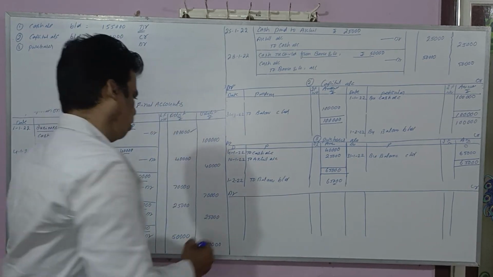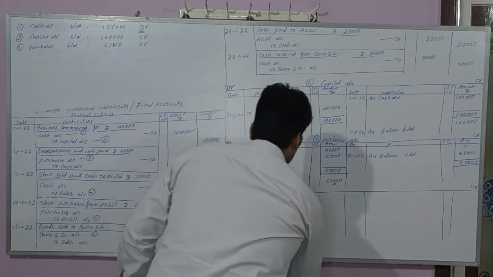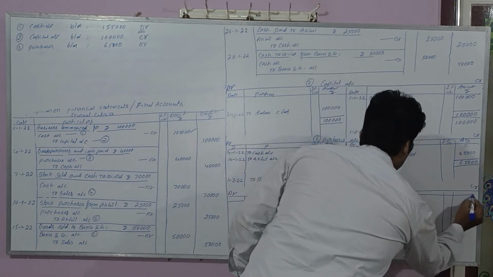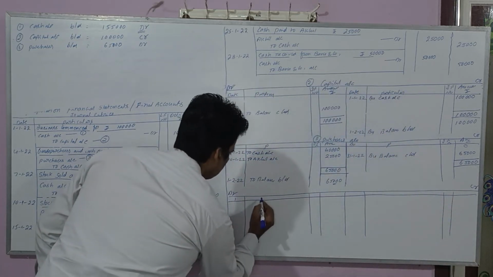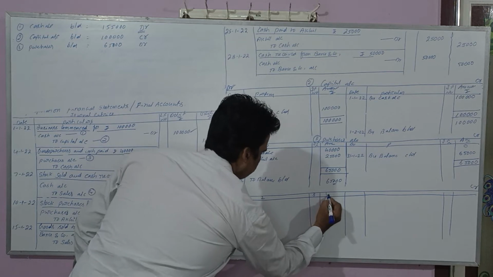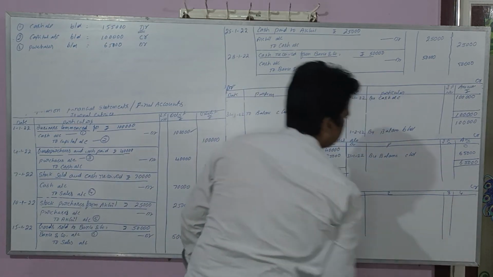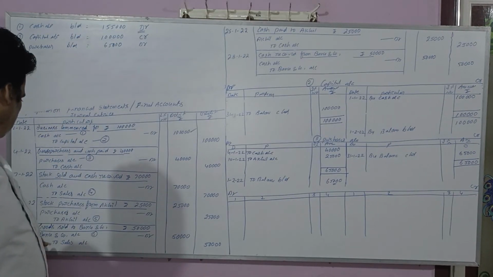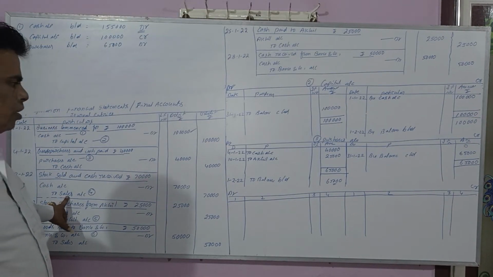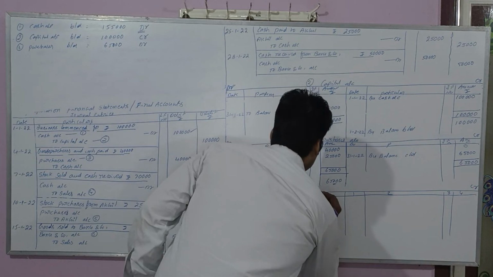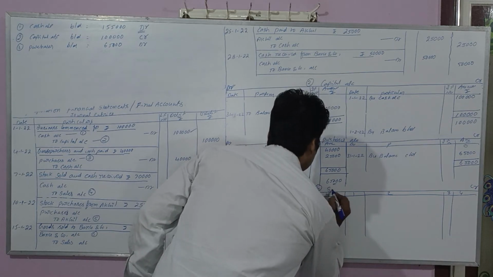The headings are the same. 1, 2, 3, 4. Then the title of the account is sales. That is the fourth account, the sales account.